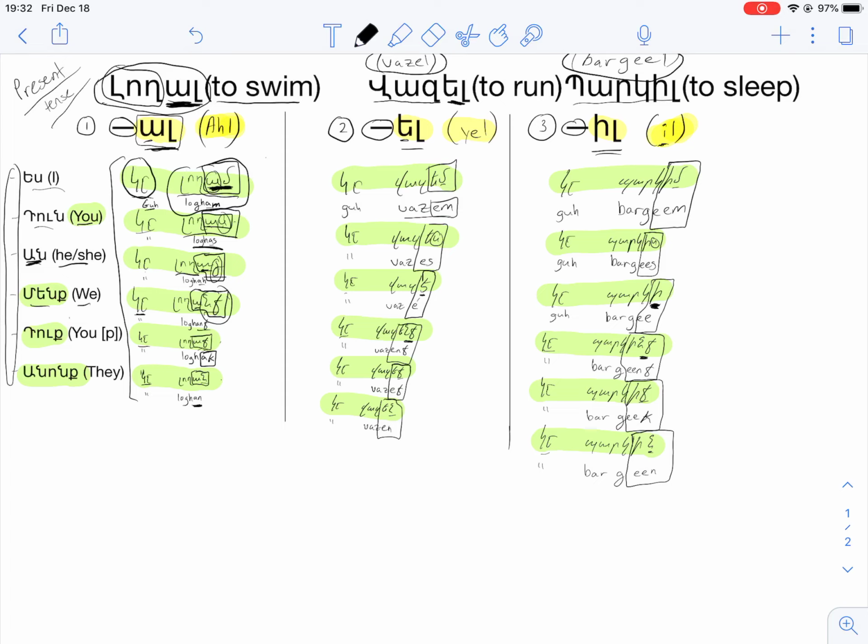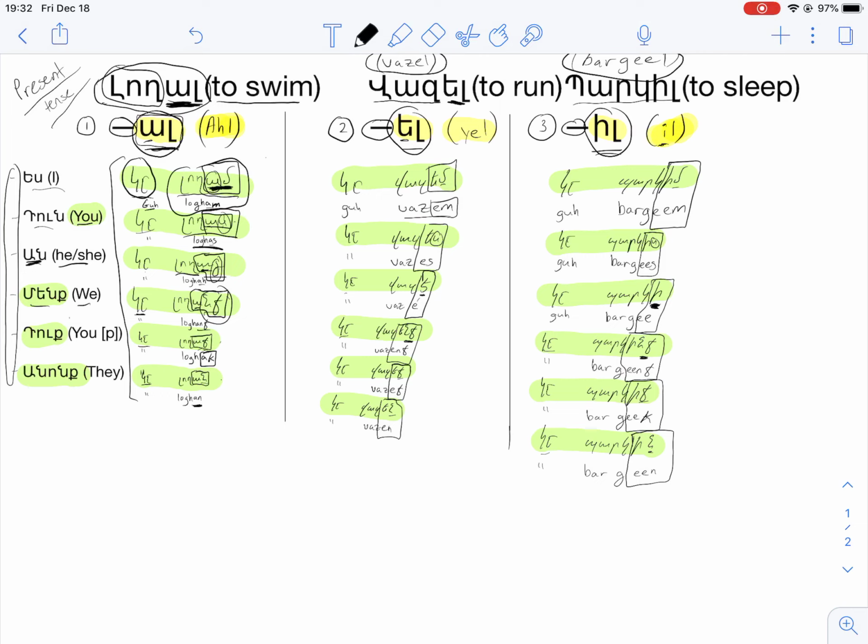So these are the three different conjugation schemes that a verb can follow. If it's not an irregular verb, it follows one of these three, and it's dictated by the ending it has. It has one of three possible endings. Recall, al, yel, or il.